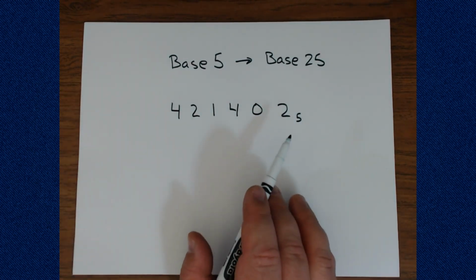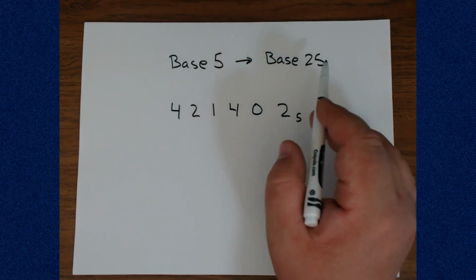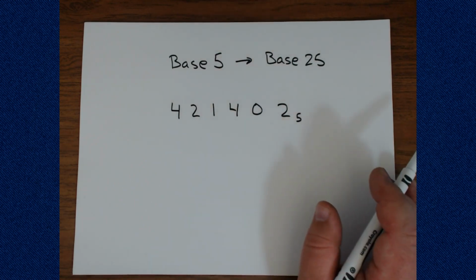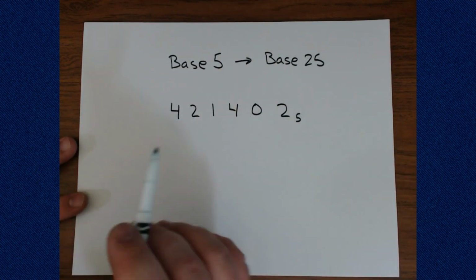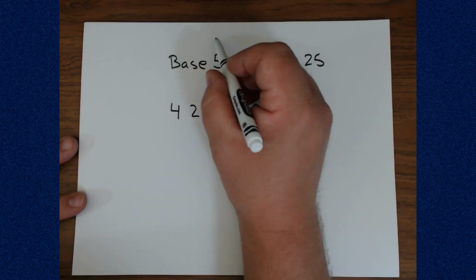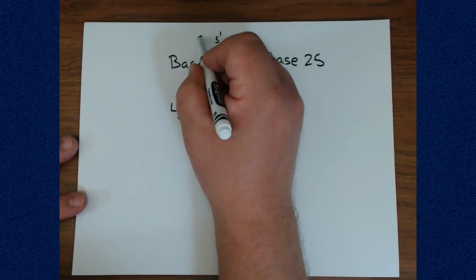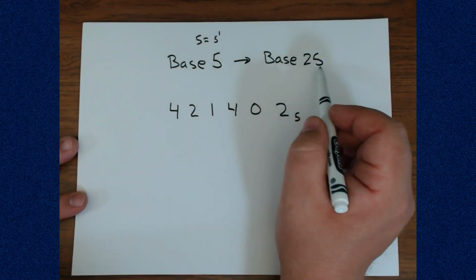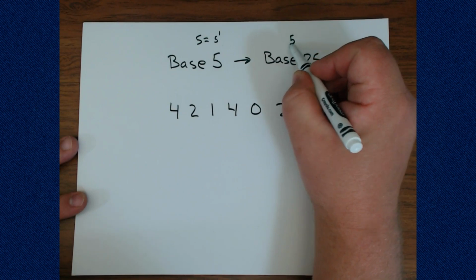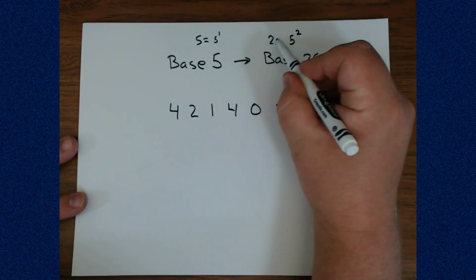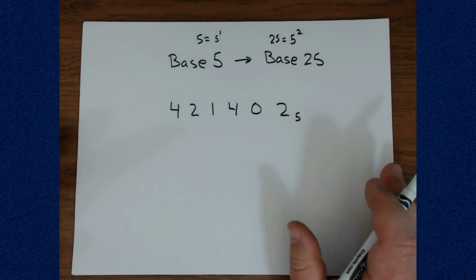Now we want to convert this base 5 number to base 25. And so we're going to check to see if they have a common root. Now 5 is a prime, and so it's basically going to be 5 to the first power. Base 25 actually is 5 squared. 25 is 5 squared.